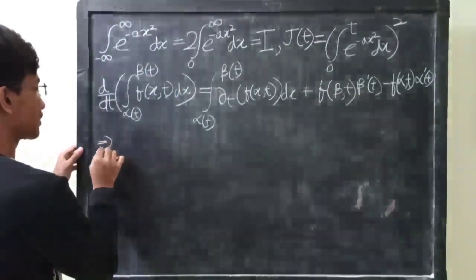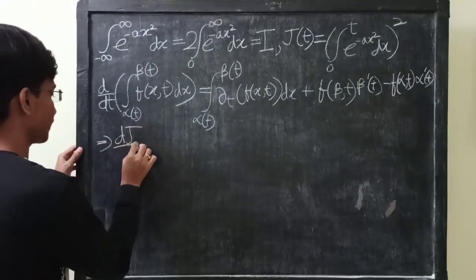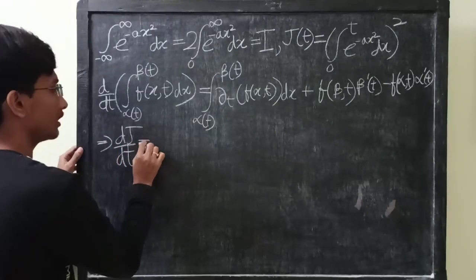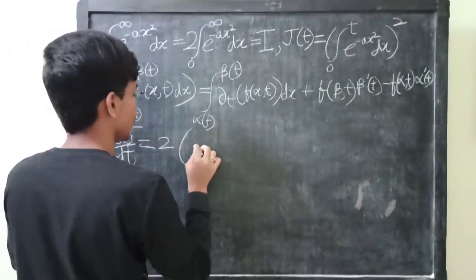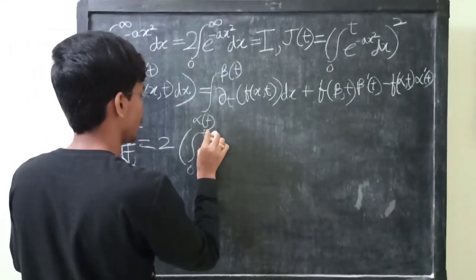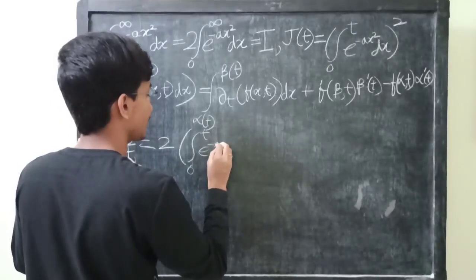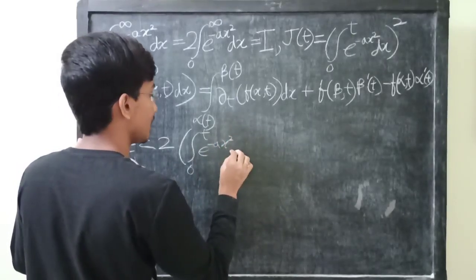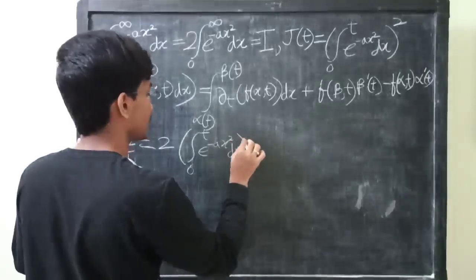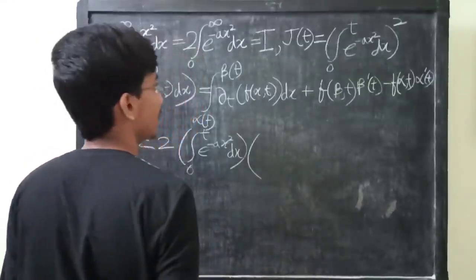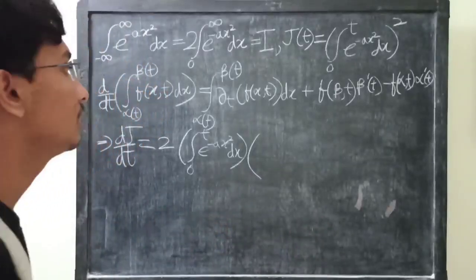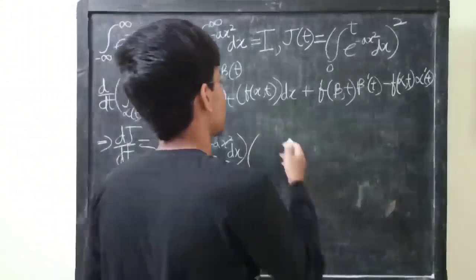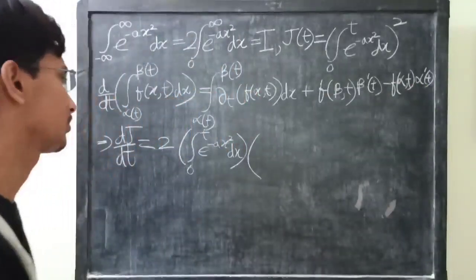So what we have is dJ by dt equals, this 2 will come in front, so we have 2 times the integration from 0 to t of e to the power minus a x square dx, multiplied by the differentiation of this integral, that is for the chain rule. Now for doing that we will be needing all these 3 terms.